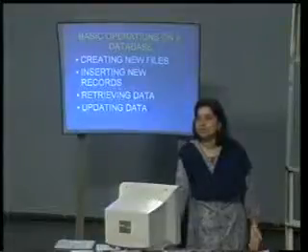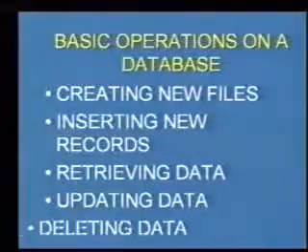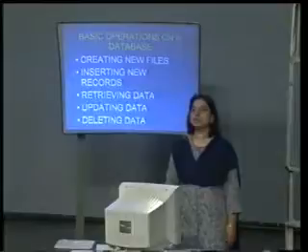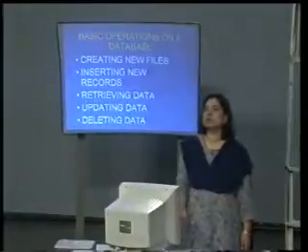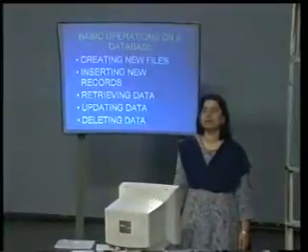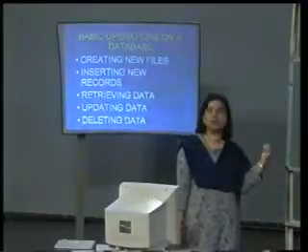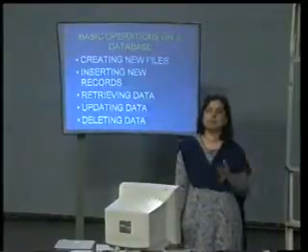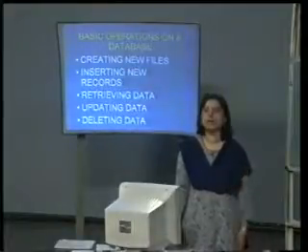So then we have to update this data in the file regarding the courses that the student is studying. And last is deleting the data. It should be possible to perform this operation also on the database. Like in this case only, if a student leaves the university, then the record which refers to that student has to be deleted from this database.